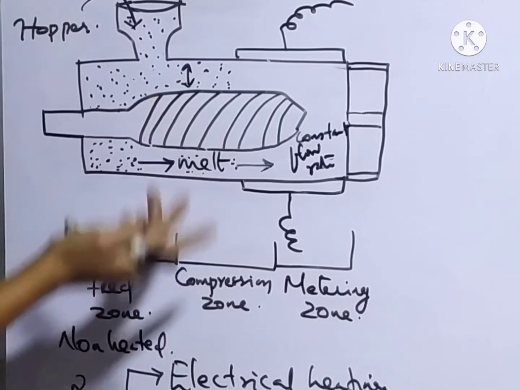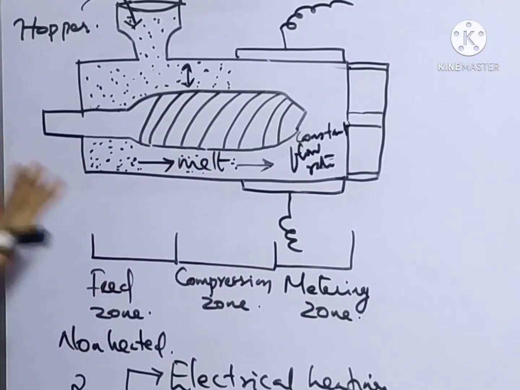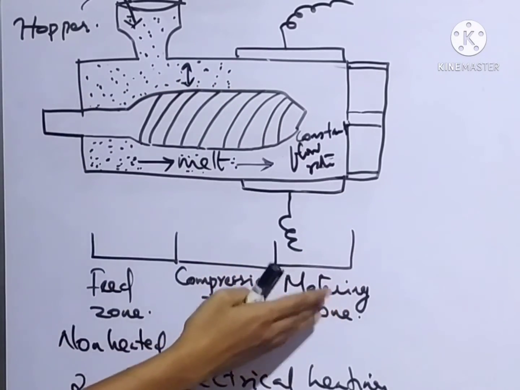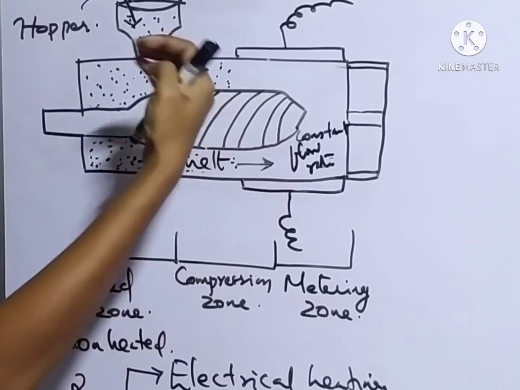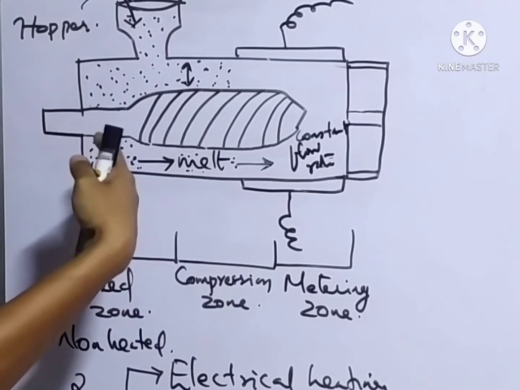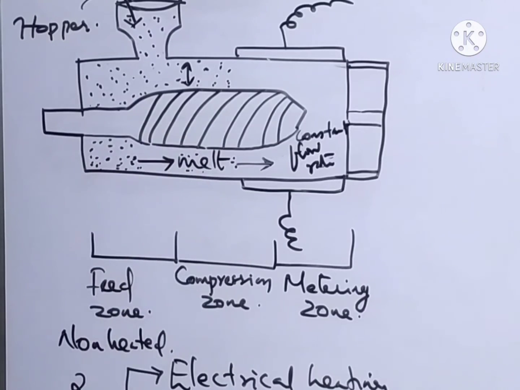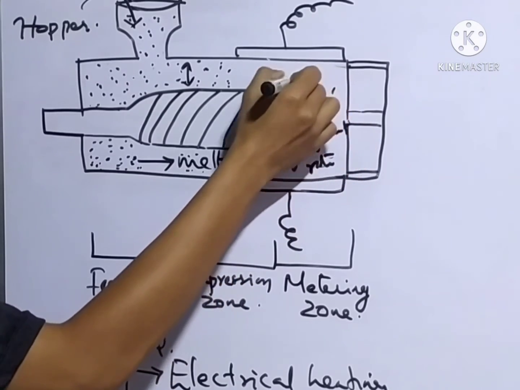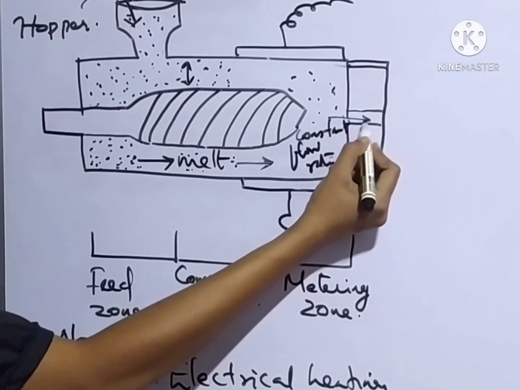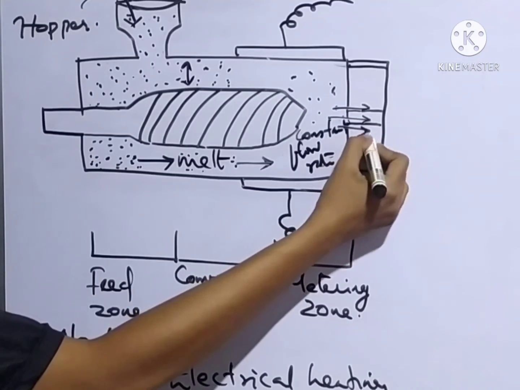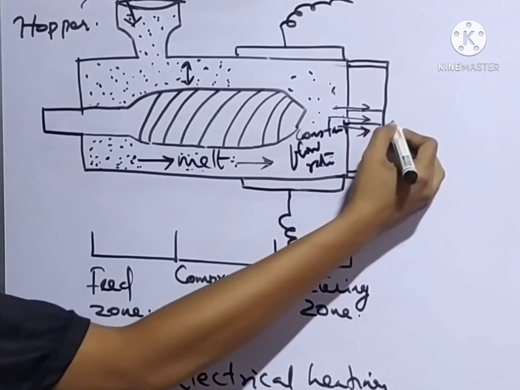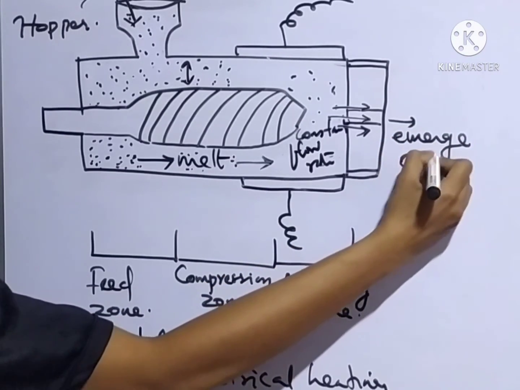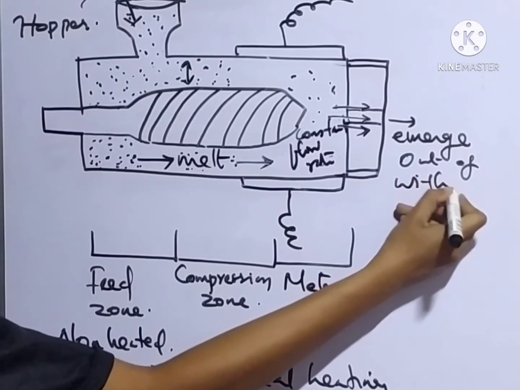If uniformity is not there, that is, the molten polymer is not well mixed, then one more zone is there, that is the working zone. The working zone helps to mix the polymer thoroughly. And after mixing, this molten polymer enters the die and emerges out with the desired shape.